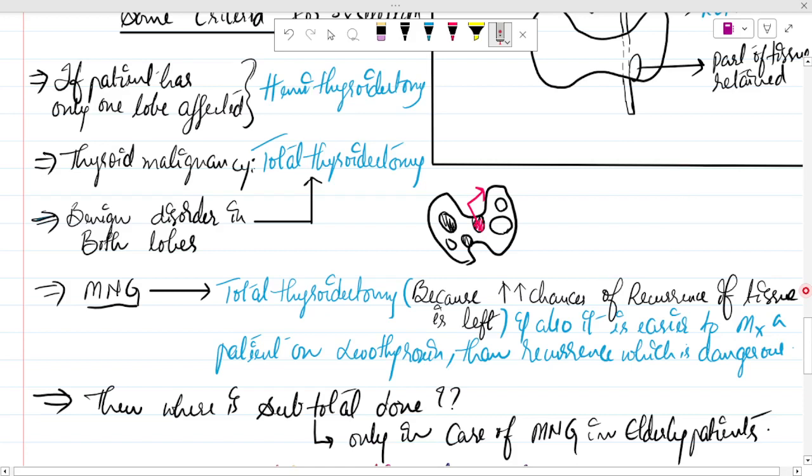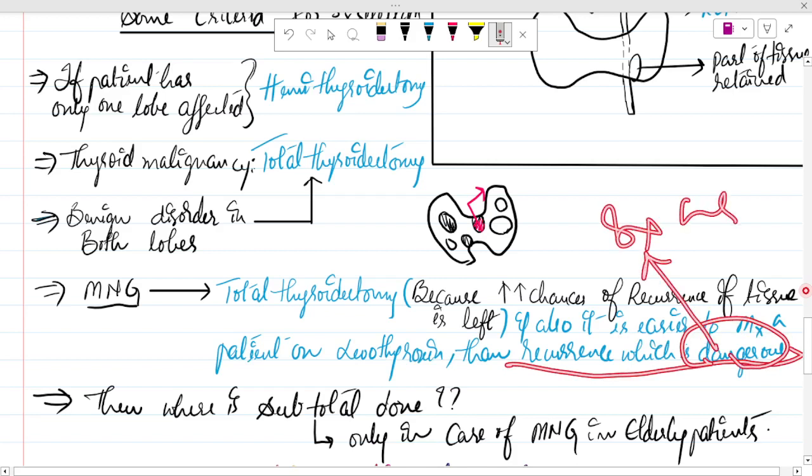But if you leave some tissue by doing a hemi or subtotal, it will lead to recurrence of the goiter, and again you have to do surgery, again there will be recurrence, again surgery. So it is easier to manage a patient on levothyroxine than recurrence, which is dangerous because you have to do surgery again and again.